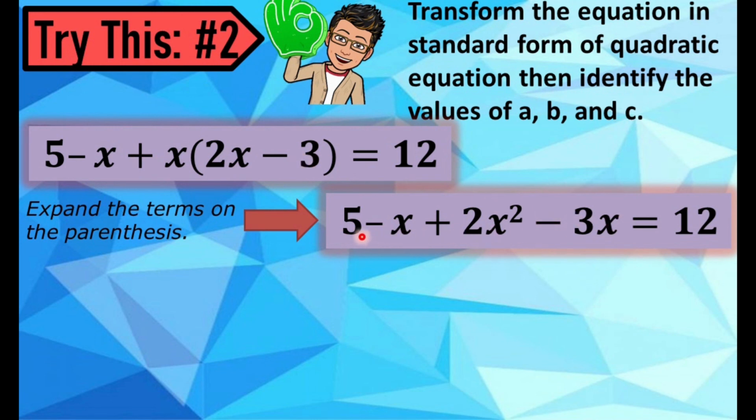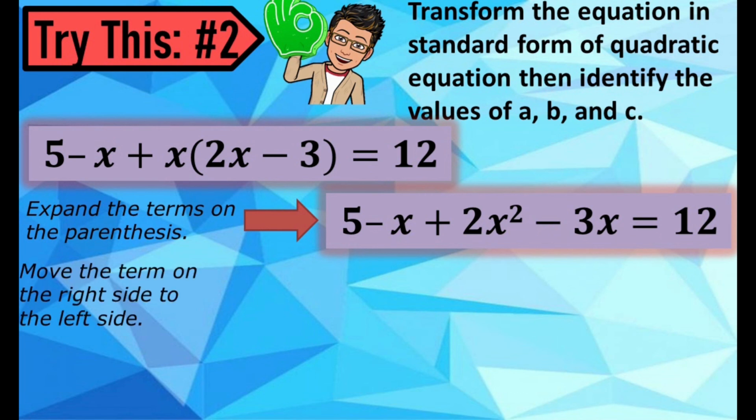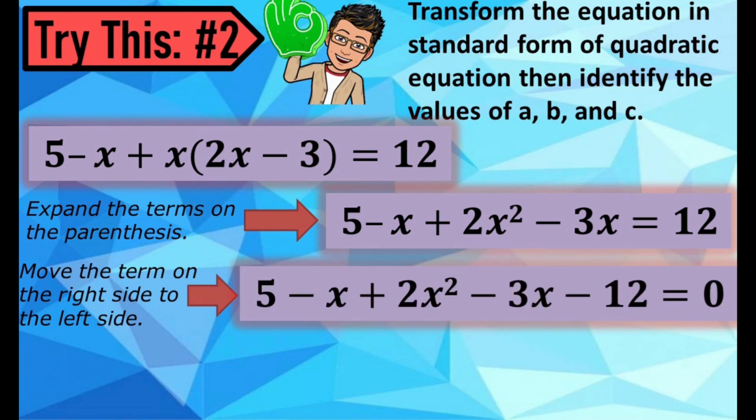So we have 5 minus x plus 2x squared minus 3x is equal to 12. Next step is move the term on the right side to the left side. So it will be 5 minus x plus 2x squared minus 3x minus 12.